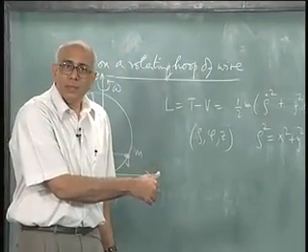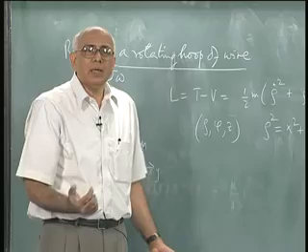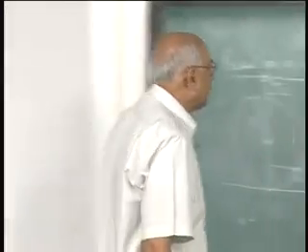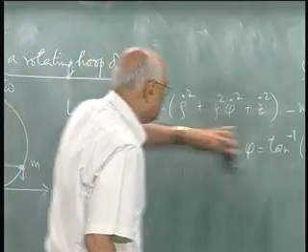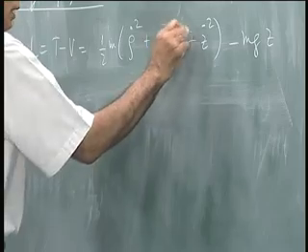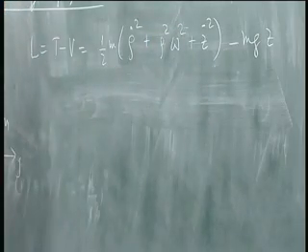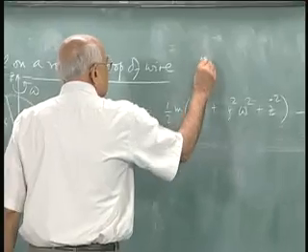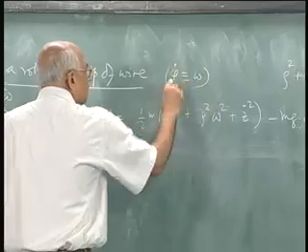But phi dot is omega, because the rate at which this azimuthal angle changes is fixed by you. You are rotating this hoop at constant angular speed, so we can in fact get rid of this phi dot, and write this as omega squared, because phi dot is always omega.